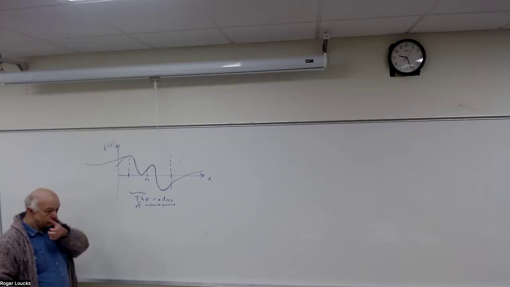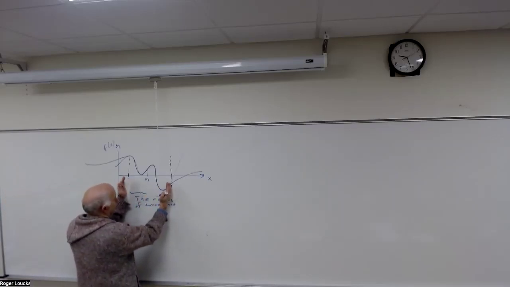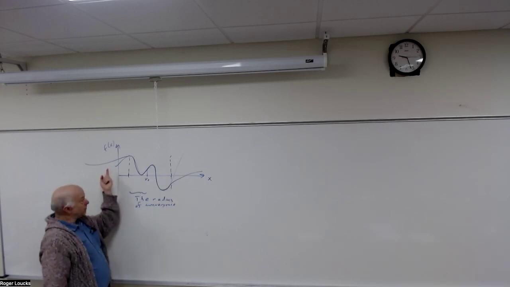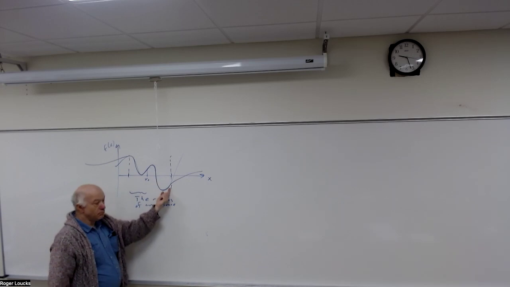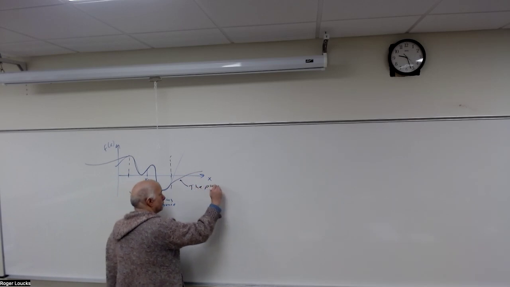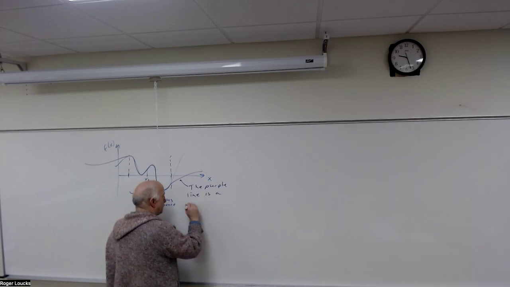Who knows what it's going to look like? But in this region here, that purple line, which is the approximation, is going to more or less mimic what my function is. And this purple line here is a power series.